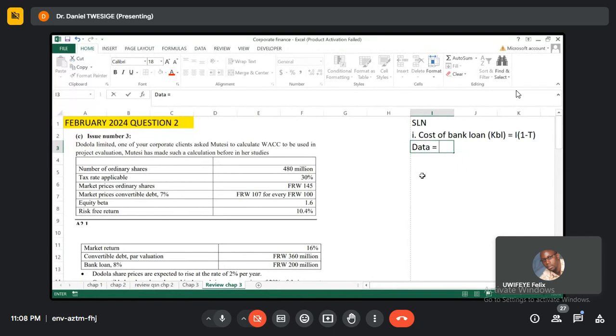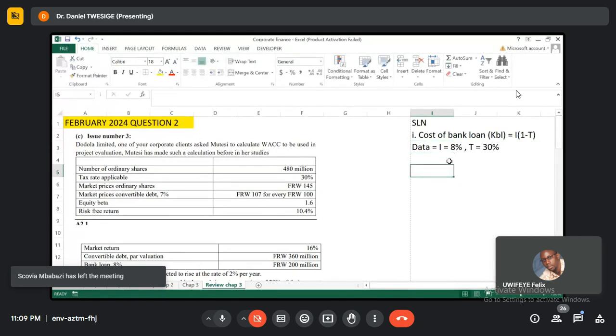So now, if you look at this, our bank loan is 8%. It means our I is 8%. T is given as 30%. Now it means I have all the relevant data that I can feed my formula.